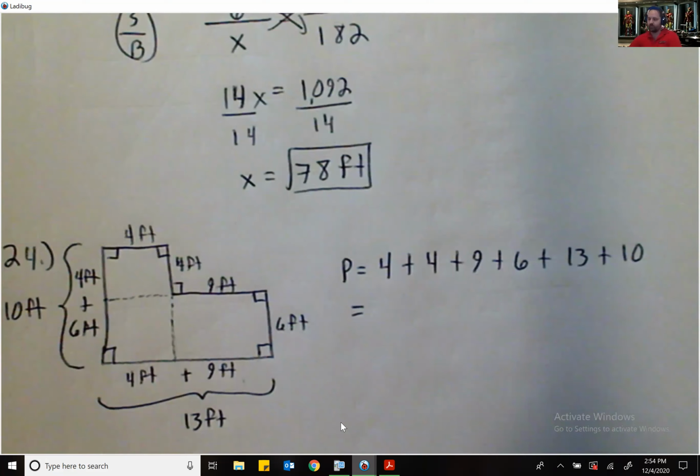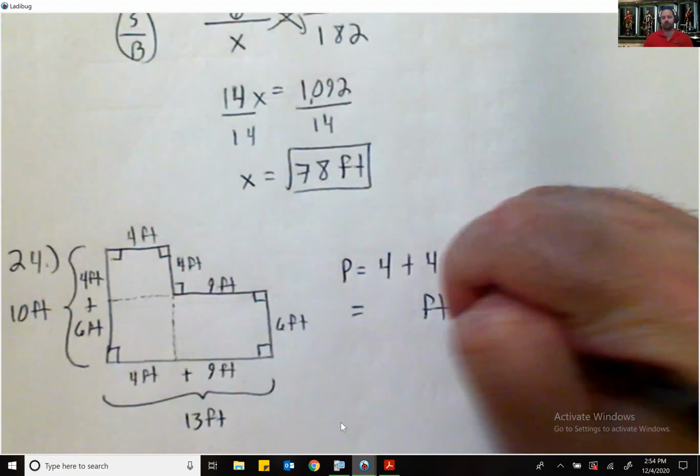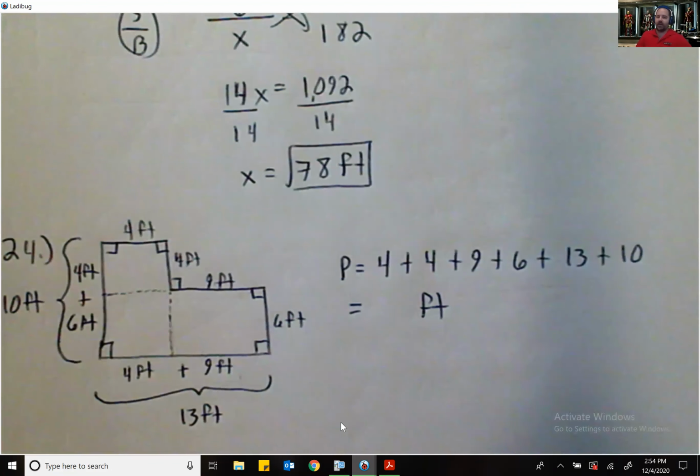I already know the label is feet. What does all that add up to? 36. Say that again. Are you saying 36? Not 36. Okay. You're a little shy. I think I missed one of the numbers.